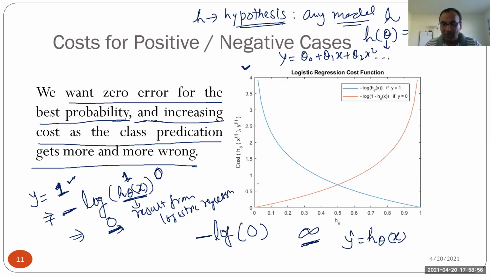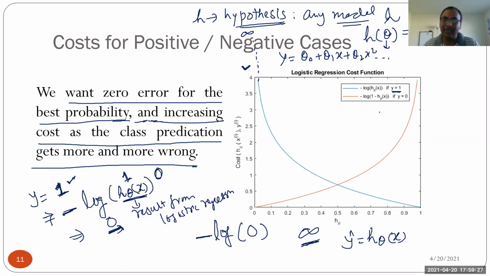This is when the reality is 1, when we know that the real label is 1, but what h theta is doing is giving a 0 for that. So look at the cost. It's not touching it here. So it will probably go this way and may touch infinity. So we will penalize it heavily. But if it was 1 and you predicted 1, then see the cost. This is 0.